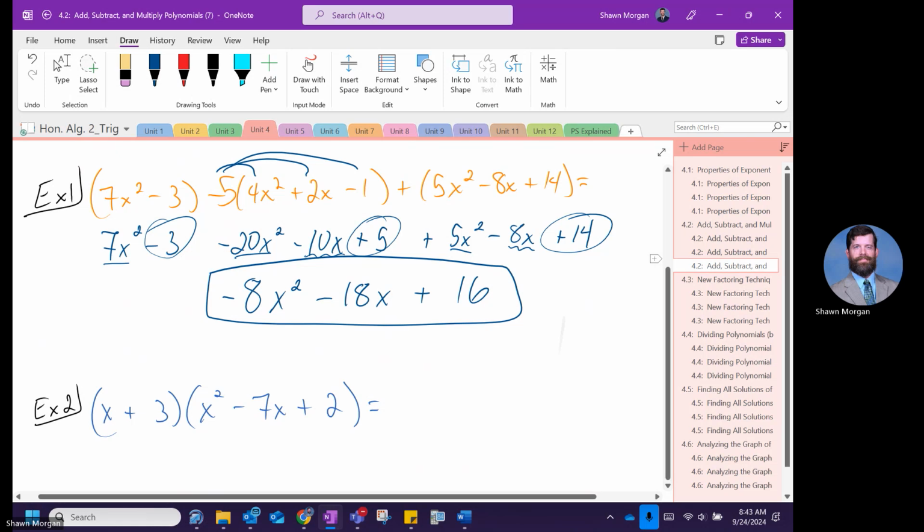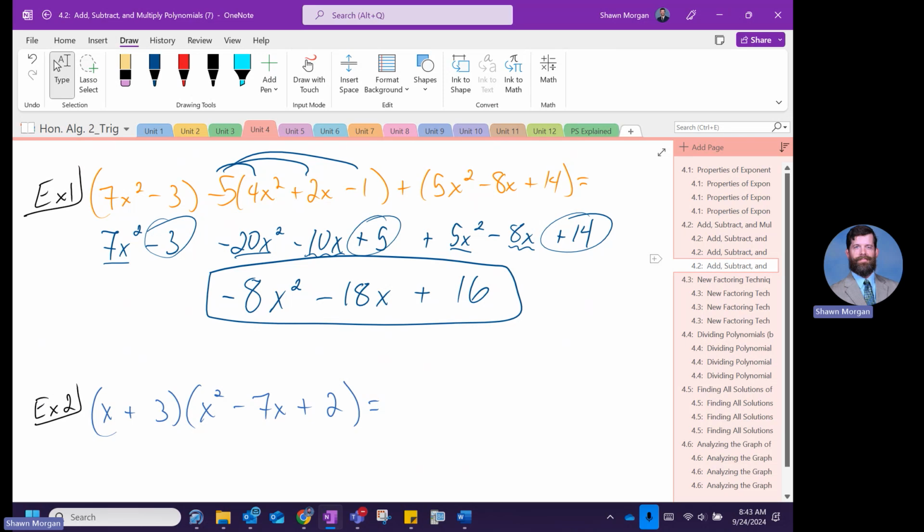Now, here's your next example. Instead of adding and subtracting, I wonder if you are good at multiplying. Okay, Nicholas, that's a binomial times a trinomial. Before we simplify, how many terms will that result in? How'd you get 9? Good.